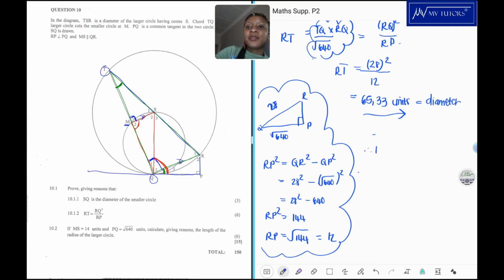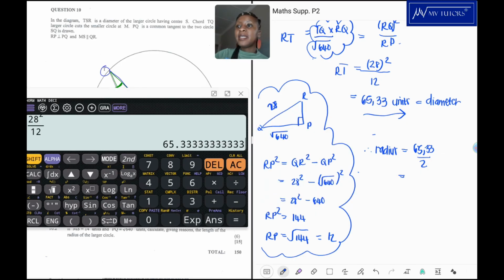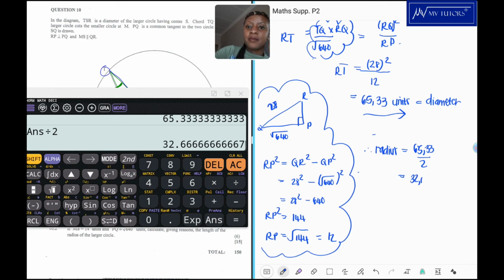Therefore the radius of the large circle is 65,33 all over 2, and that would be 32,67 units. And yeah, this is goodbye for real.